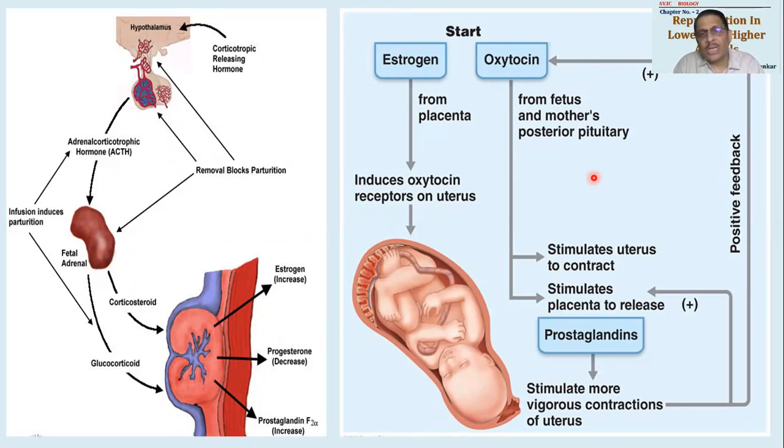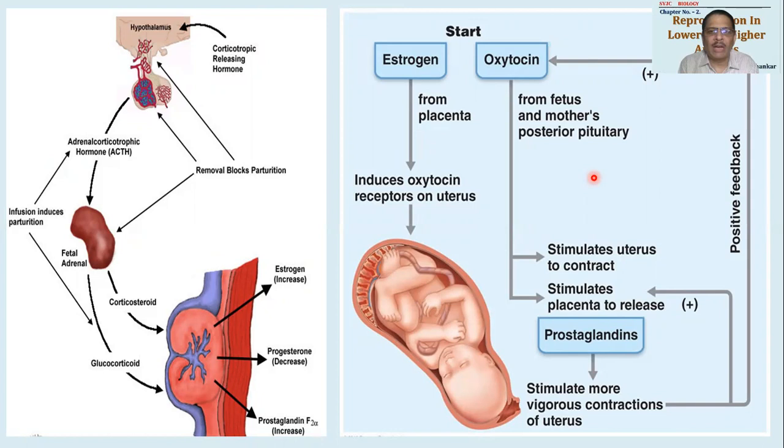Oxytocin delivered by the mother's pituitary gland will start contraction of the uterus. This will give a stimulus to the placenta to secrete more prostaglandins, and prostaglandins are responsible for forceful contraction of the uterus. Of course, without oxytocin this will not happen, but oxytocin and prostaglandins together will be responsible for forceful contraction of the uterus.